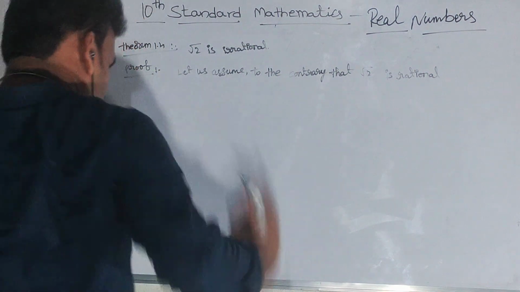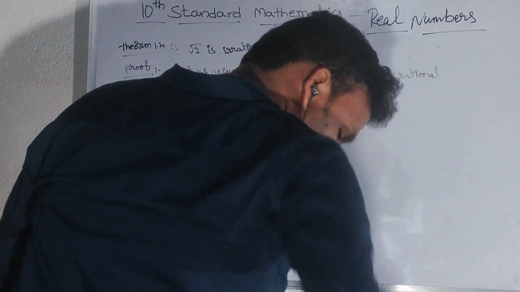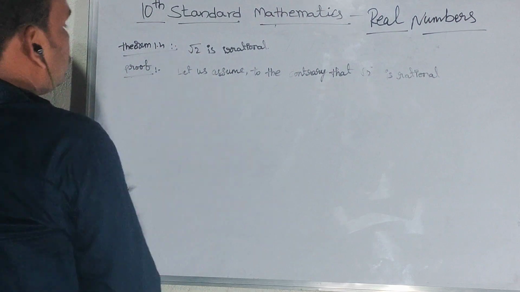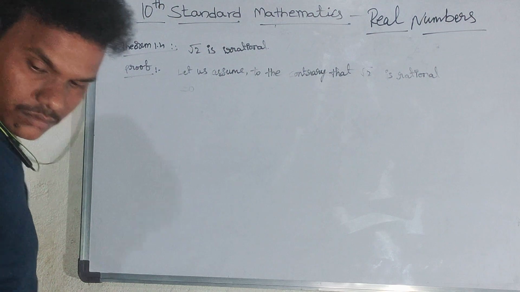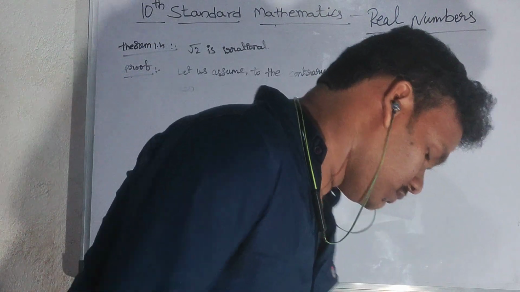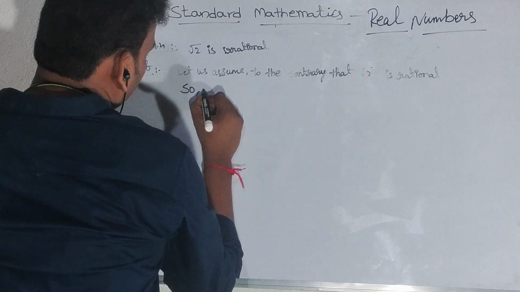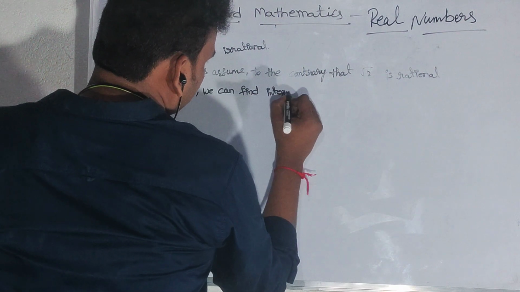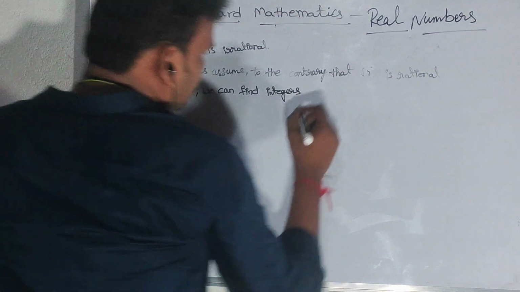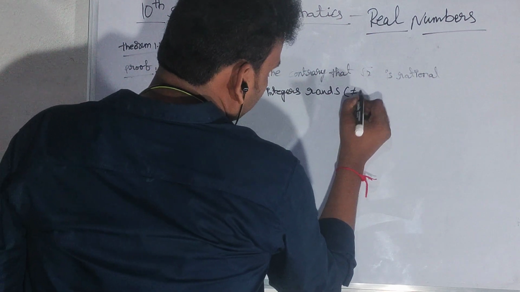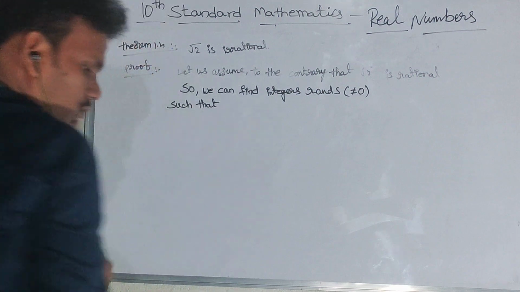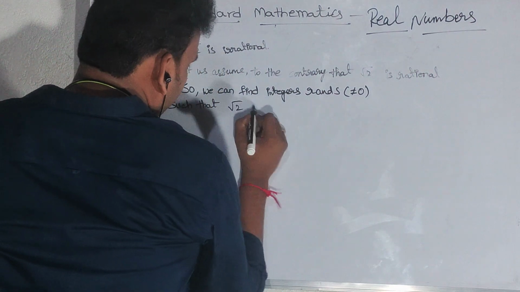So we can find integers r and s, not equal to 0, such that square root 2 equals r by s.